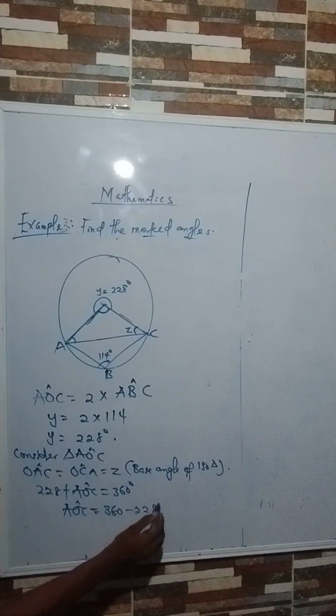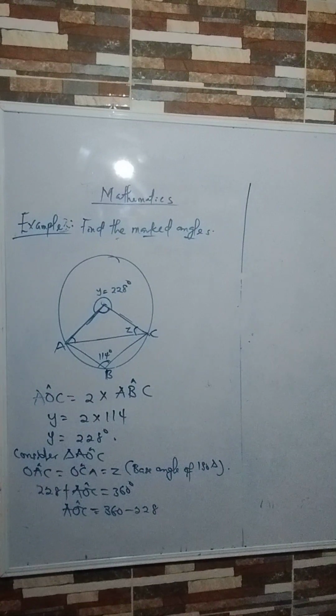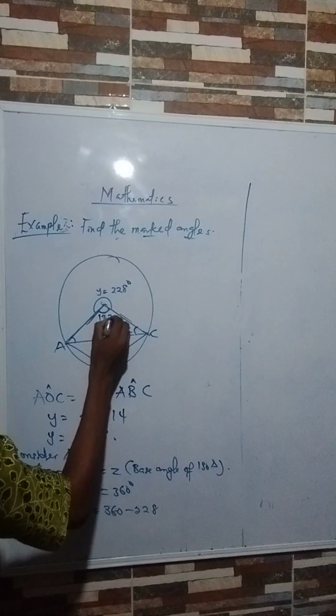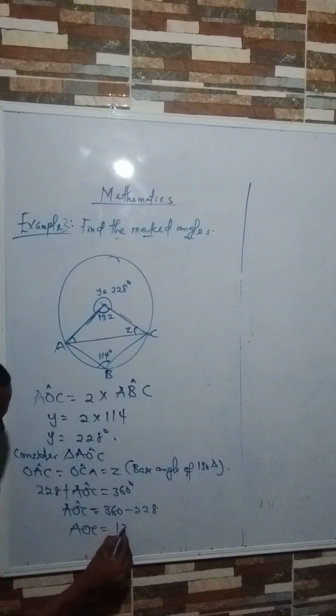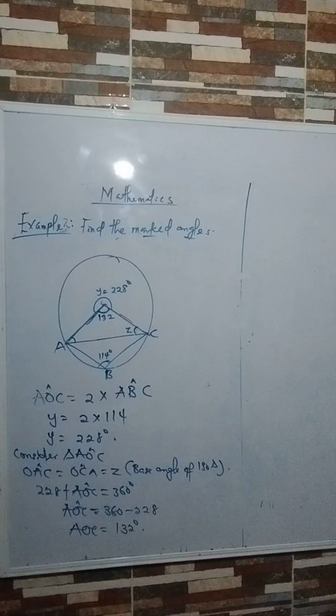What we are doing here is very similar to what you have been doing before. So you can see that we have 360 minus 228, which should give you 132. That means this part here is 132. So AOC is equal to 132 degrees.